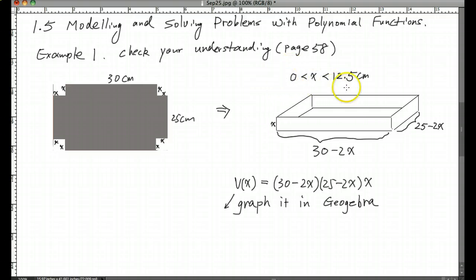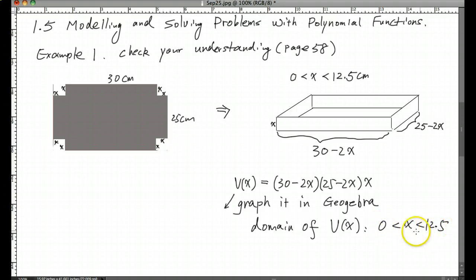Okay, let's put the number back to here. So this is actually the domain. The question is asking for the domain of this function. The domain of V(x) is 0 to 12.5, but it can't be 0 or 12.5. That's why there's no equal sign here.